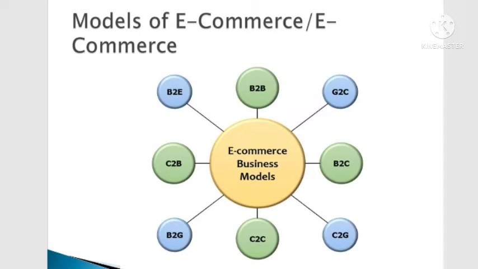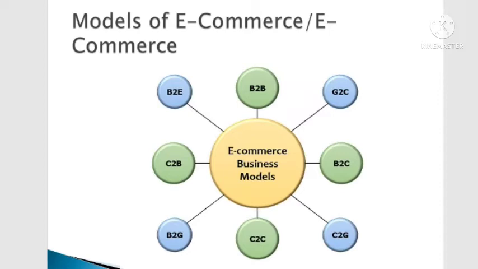You all must be aware of them. But now we have come up with few more models which are there in place, and let me discuss about them one by one. So firstly we will discuss upon the basic models. B2B model stands for business to business.